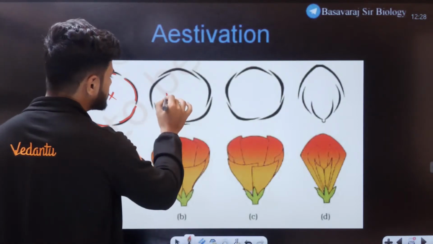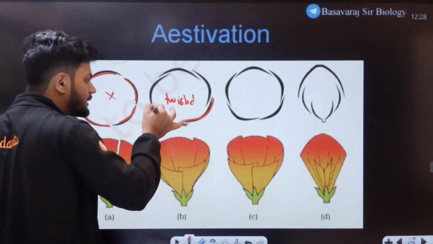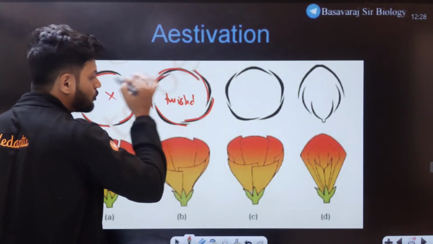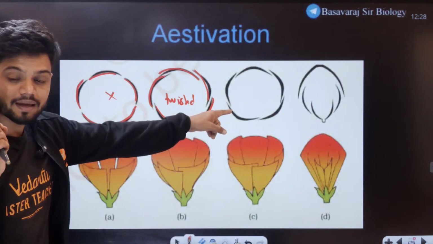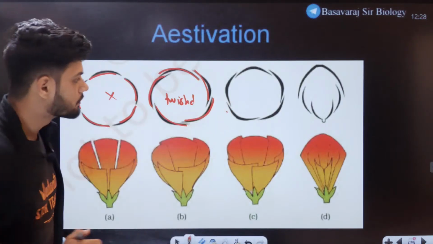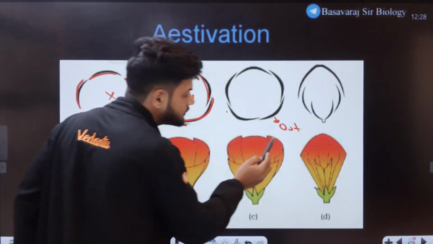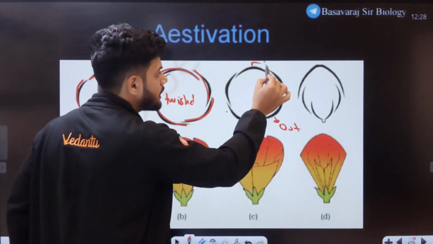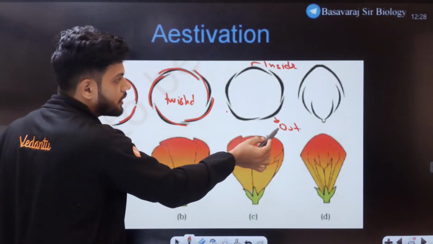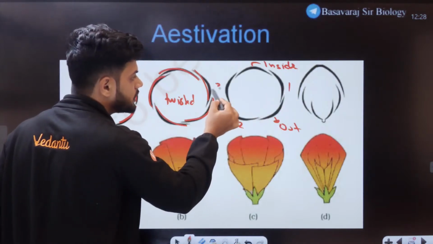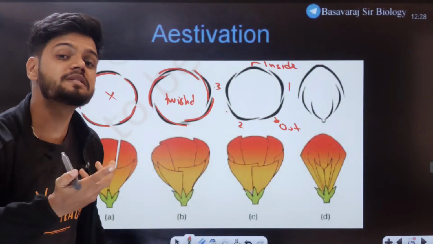But in the case of twisted, do you see any overlap here? Alternating overlap is there. Now what about imbricate? In the case of imbricate, one is completely outside and one is completely inside. The remaining 1, 2, 3 are in an alternating or twisted manner.